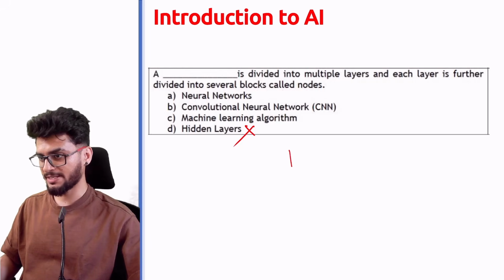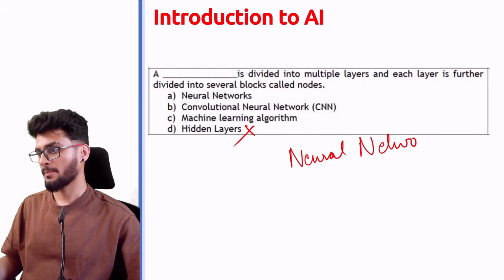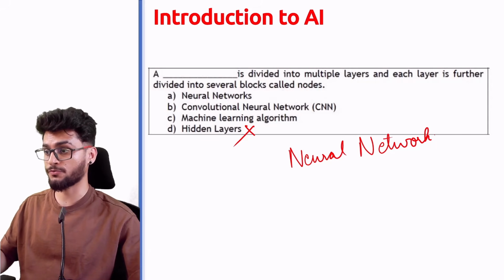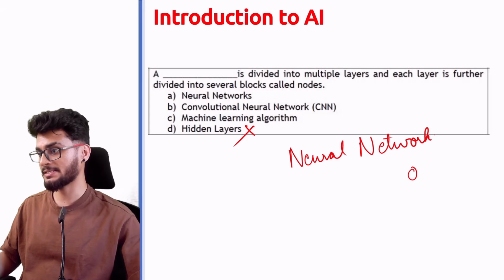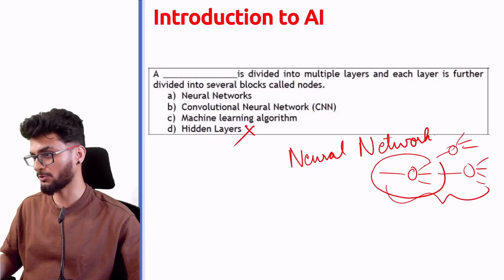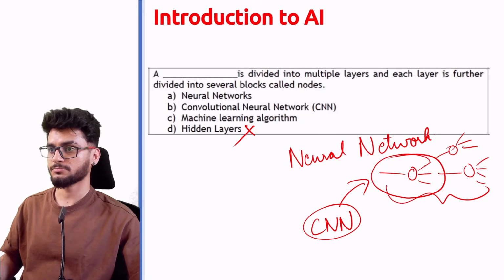So actually right now we are talking about neural networks, but in a neural network, there are lots and lots of convolutional neural networks present. Just like a brain cell is connected to other brain cells. So this can be a neural network, but this single unit is known as a convolutional neural network. So B is the correct answer.